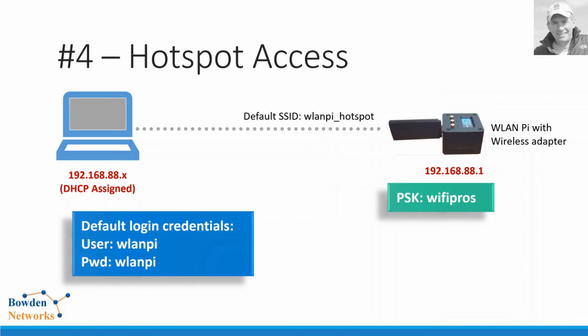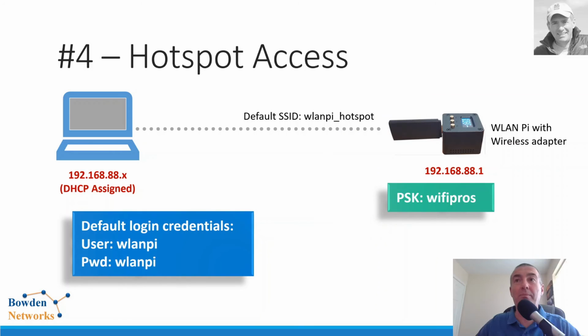So sorry, I'm just switching my camera back on. So the WLANPi itself becomes an access point, and we can then just join directly from our laptop over a wireless connection straight into the WLANPi and get the same access as we've had with the previous three methods. It's just another method of getting that network connectivity.